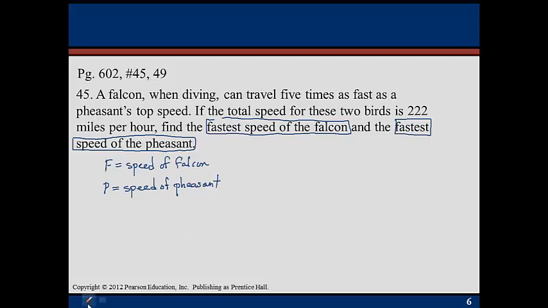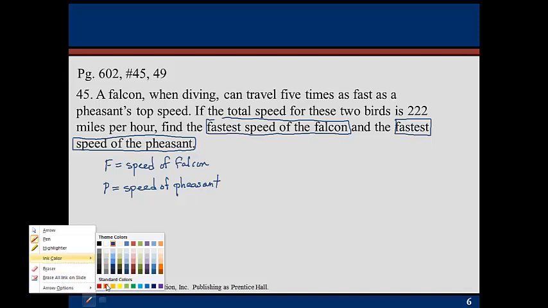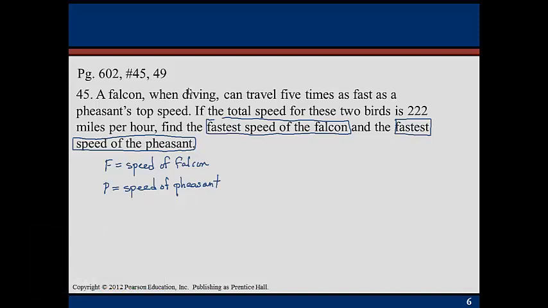Then step 2 said to write equations, so let's go back to the word problem and read it again. It says a falcon can travel 5 times as fast as the pheasant's top speed. So this tells me that f, which is the falcon, is equal to 5 times the pheasant's top speed, which we called p.